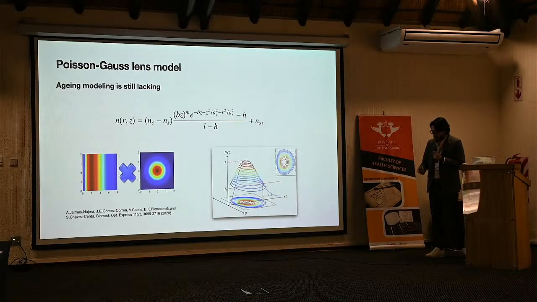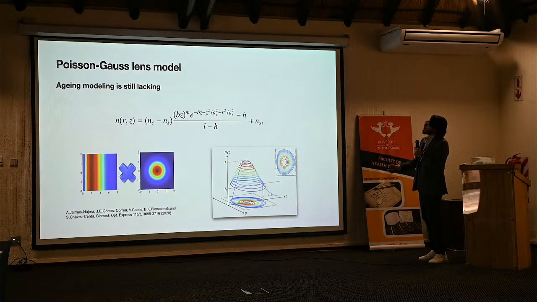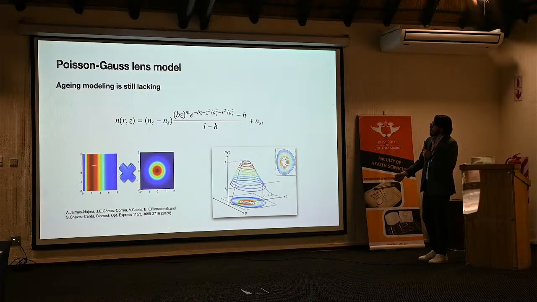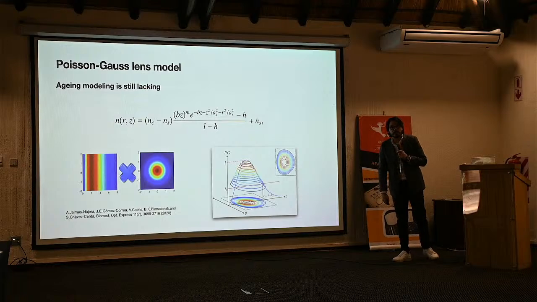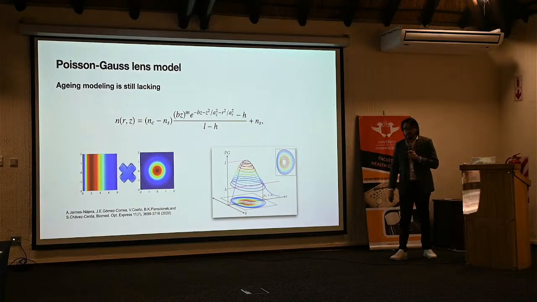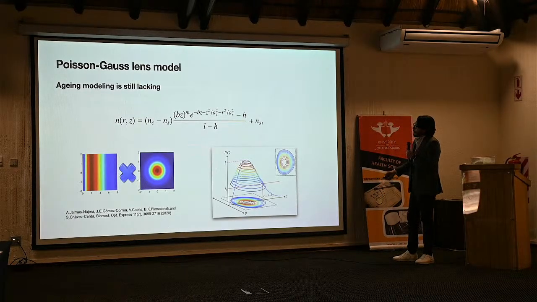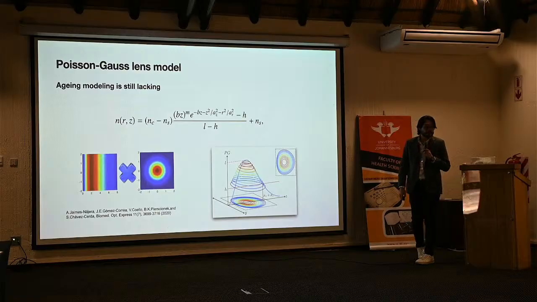And there is also another lens model, the Poisson-Gauss lens model, which is constructed by simply multiplying a Poisson distribution, which is c to the m, e to the minus c, times a 2-dimensional Gaussian, and then you obtain a single function lens model, which is capable of discrete accommodation.